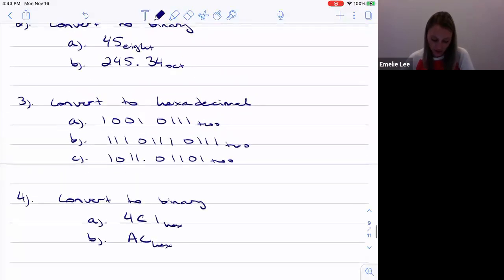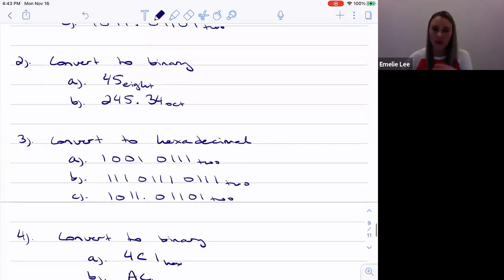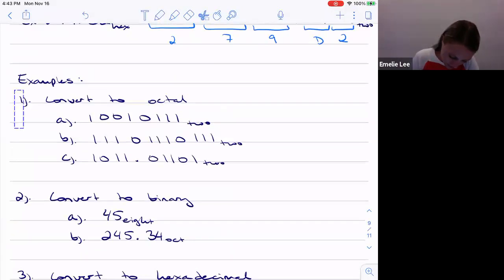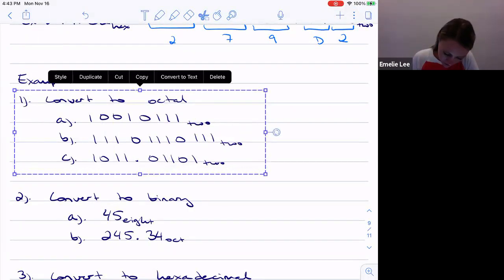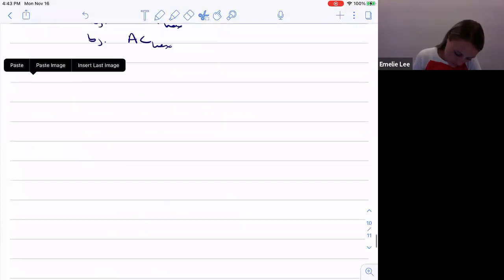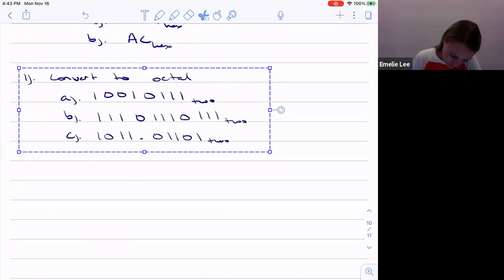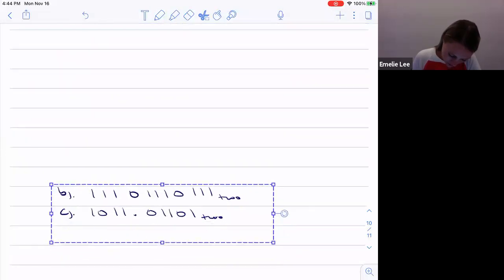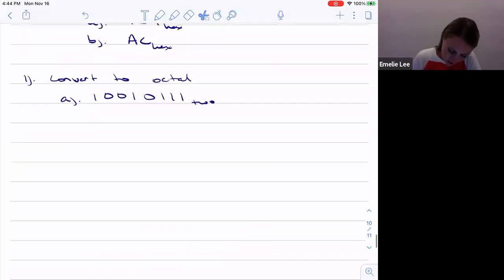So like I said, we'll work through these, and whatever we don't get through, we'll use for review next day. I'll move these down a little bit, keep them for later.